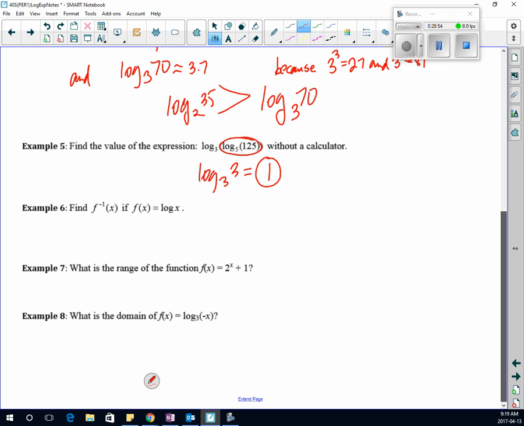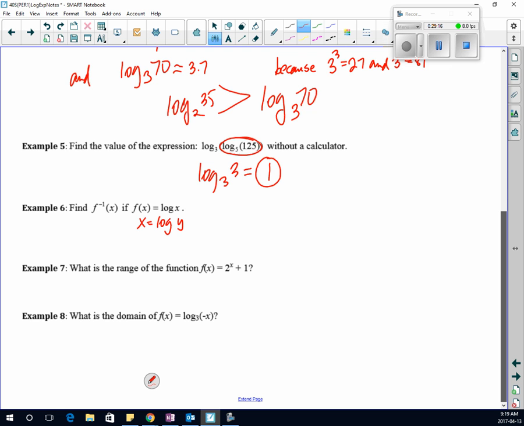Okay, here's another provincial exam question. These are all 1-mark questions. Find the inverse of f of x equals log of x. So how would I find the inverse? Switch the x and the y around and then resolve for the new y. So this is my y, so this becomes my x.